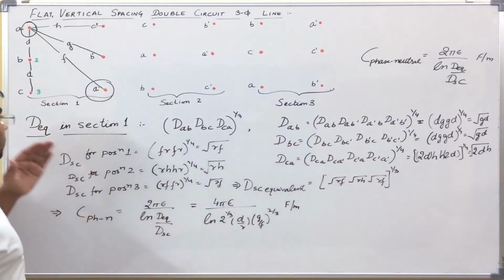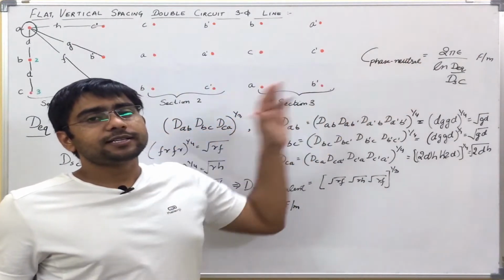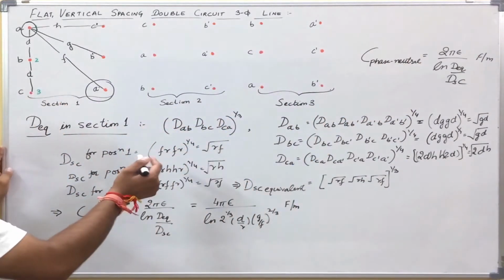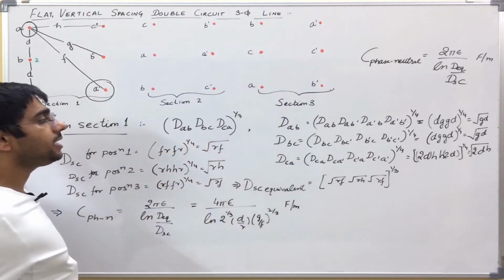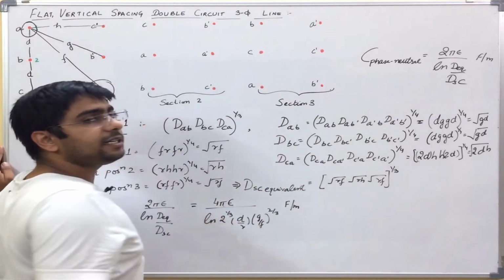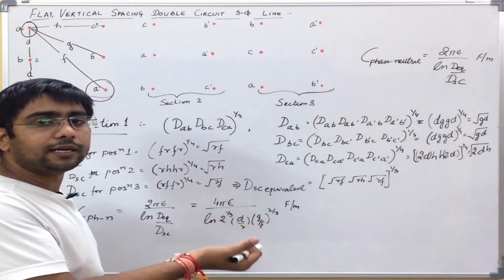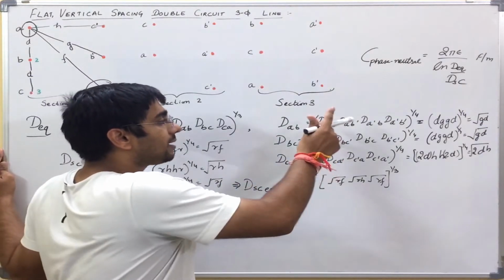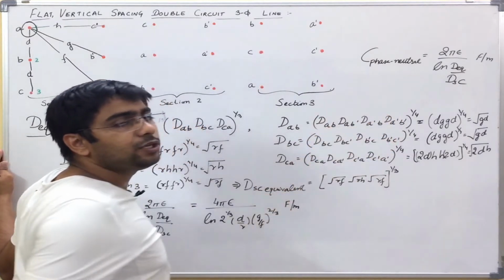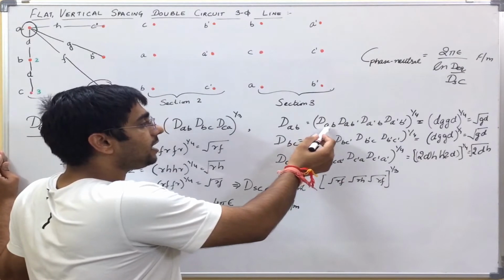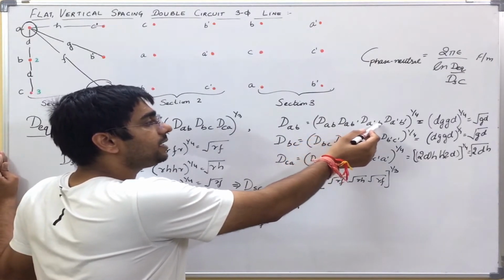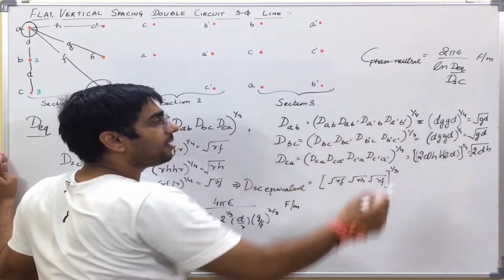Now we will find D equivalent in section 1. D equivalent is written as DAB, DBC, DCA raised to power 1 by 3. But DAB is itself composed of 2 conductors, so we will have to write the equivalent DAB using the GMD method. So DAB can be written as DAB, DAB dash, DA dash B and DA dash B dash raised to power 1 by 4.